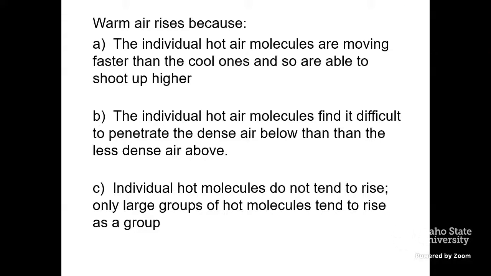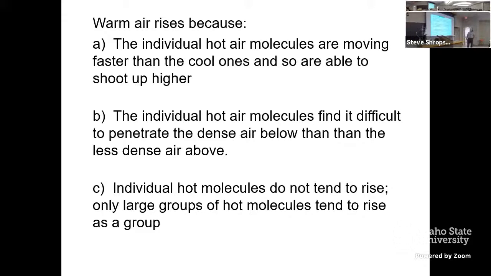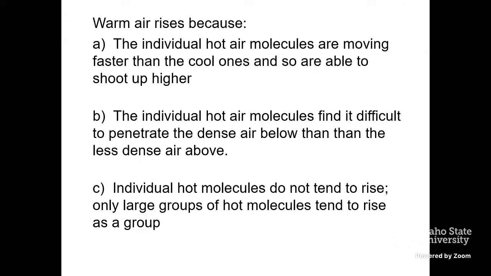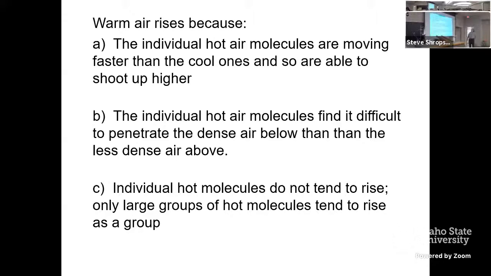So can you comment on the behavior of individual molecules then? Yeah, I guess so. Just because, when air gets hotter, the molecules tend to separate and the air gets less dense than cold air. And so the idea behind B is that hot molecules find it more difficult to penetrate dense air that's below them as opposed to less dense air that's above them?